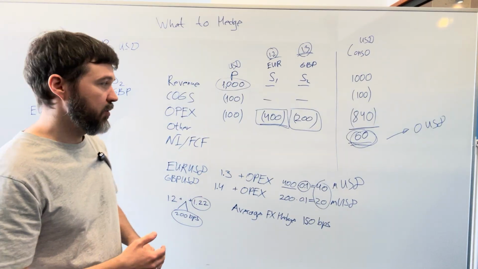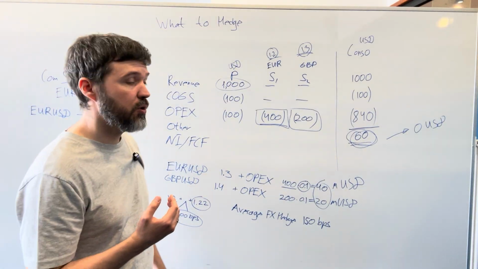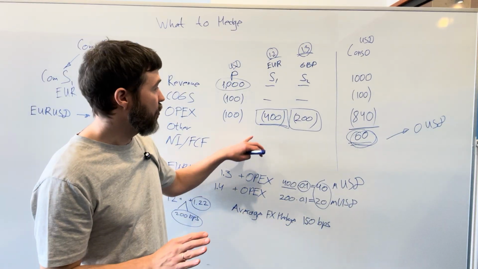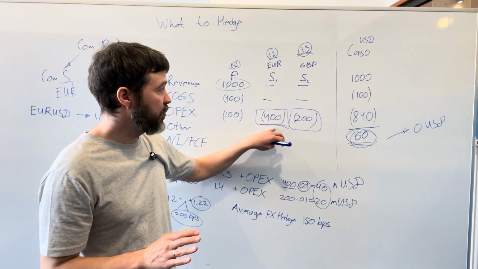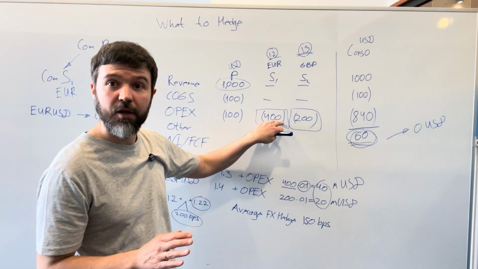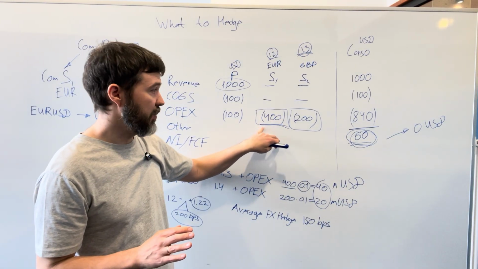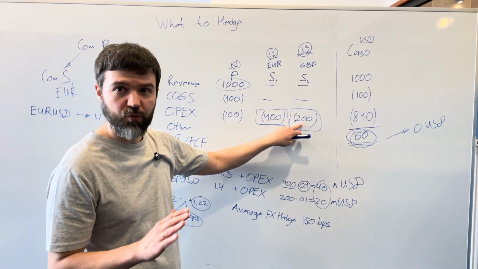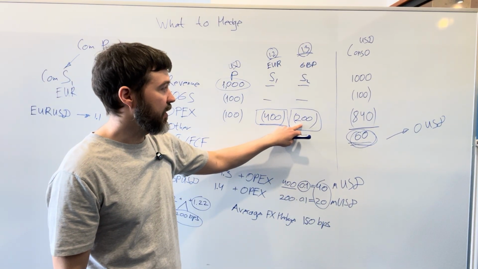A couple of words about the option. An option contract will normally cost you about 2% of your total, and 2% of 400 is 8 million. And here it's also going to be about 2%, so it's another 2 million.